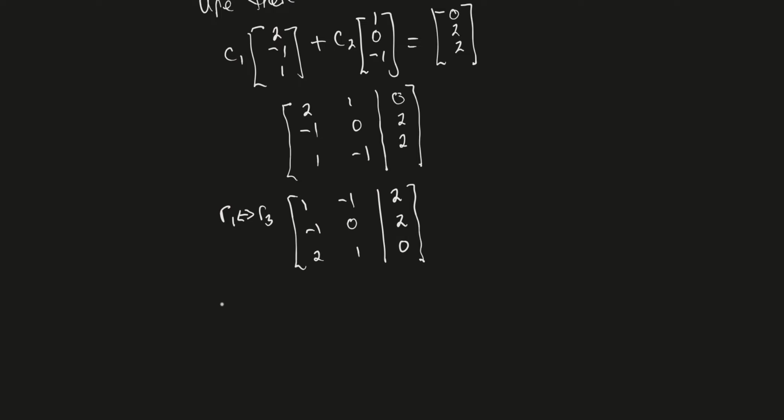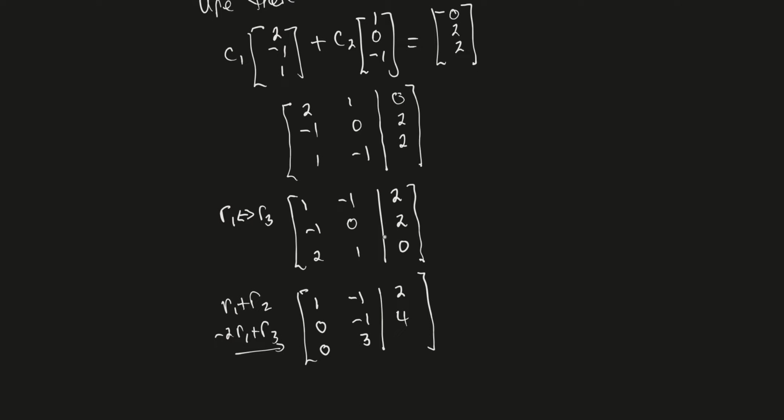So if we take row 1, add it to row 2, and then -2 row 1 added to row 3, that produces my equivalent augmented form. So the first row stays the same, and now we have 0, -1, and 4. And then here we have 0, 3, and -4.